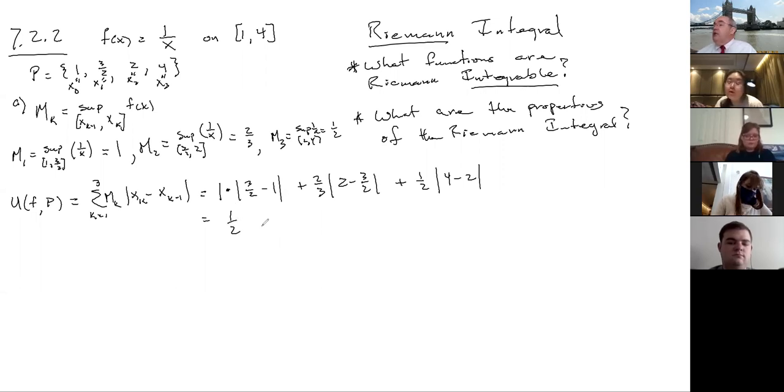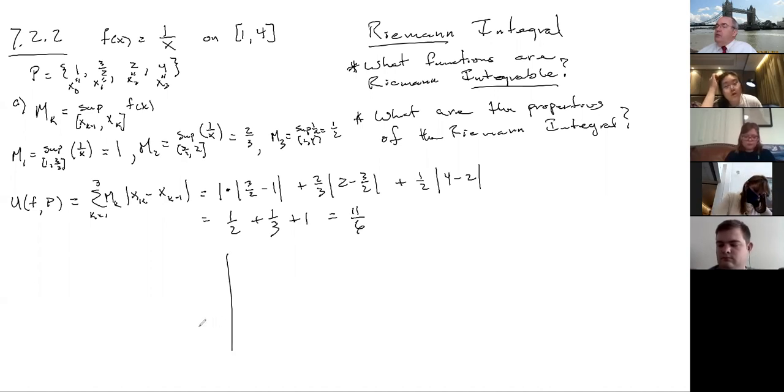So we have 1/2 plus 1/3 plus 1, and so we end up with 11/6 showing up. And same kind of picture, except that now we've taken the maximum of the function instead of the minimums.